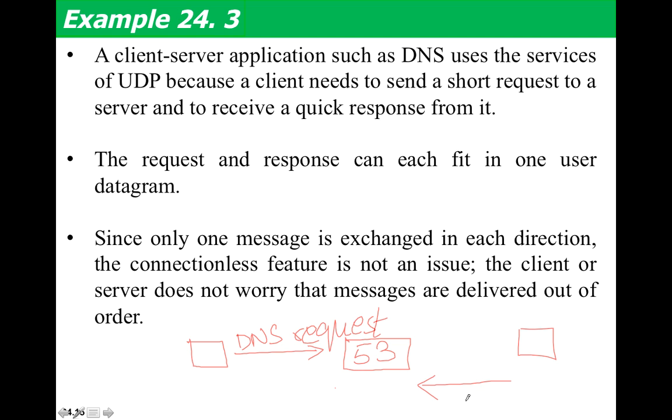We don't need sequence numbers or acknowledgement numbers. Even if the single packet gets lost, we can always send it again. So this is another place where we can use UDP as a transport layer service.